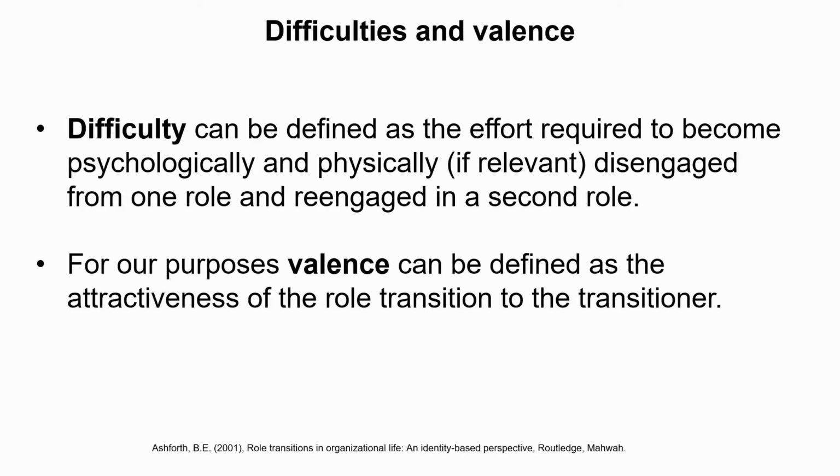We can discuss each criterion in relation to the individual's difficulty in managing the transition, and also in terms of the valence each criterion holds for that same individual. Difficulty can be defined as the effort required to become psychologically and physically, if relevant, disengaged from one role and re-engaged in a second role.